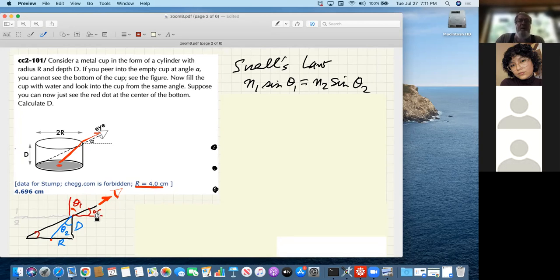We don't know alpha, but we can relate alpha to the depth by trigonometry. If I look at this little triangle here, that triangle has angle alpha. This angle is also alpha. The opposite is D. The adjacent is R, or actually 2R. So the tangent of alpha is D over 2R.